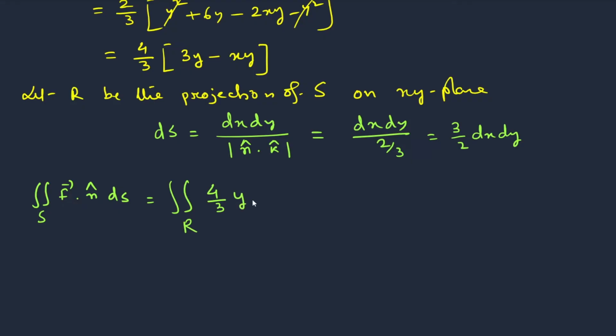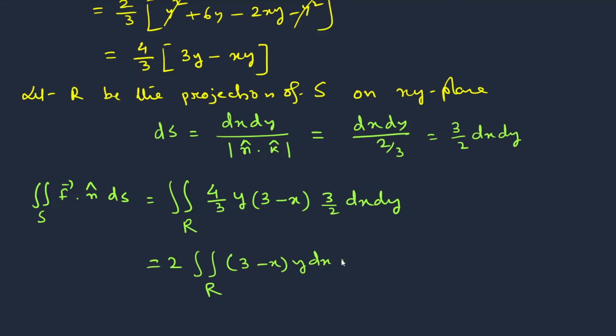So you can take y common, so it will become 3 minus x. Okay, now in place of ds, what we can write? We can write 3 by 2 dx dy. Okay, so 3 will cancel out, 2 and 4 will cancel out, so we can write 2 into double integration over r y into 3 minus x, dx dy.